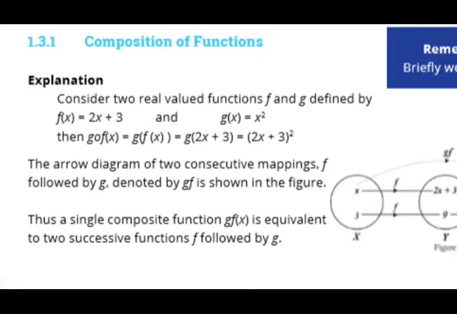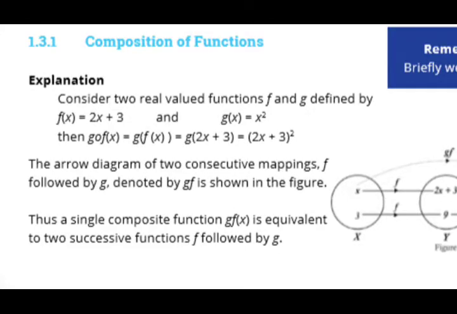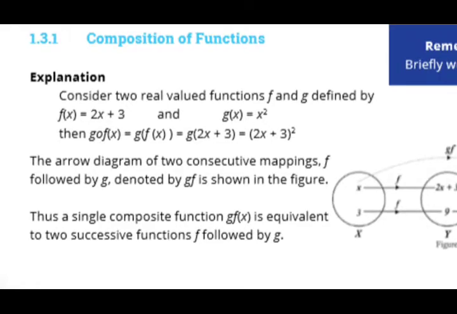We put its value 2x plus 3 in the outer function, which is g. Because g is x square, it becomes (2x plus 3) square. Because there is a square, the whole value is squared.